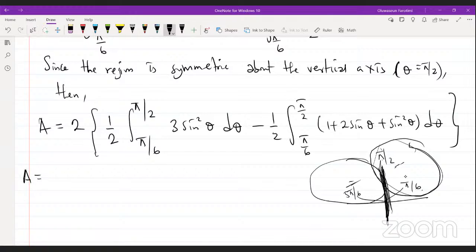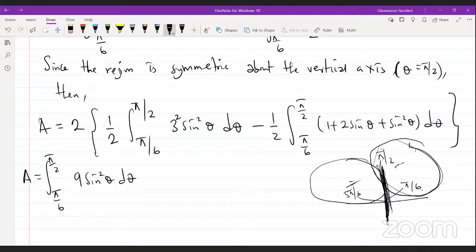At the end of the day, my area becomes, this should be 3 squared. That should be 3 squared because we do 3 sine theta, all squared. So this guy becomes pi over 6 to pi over 2, 9 sine squared of theta d theta.